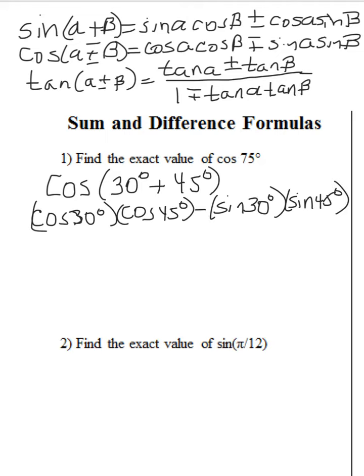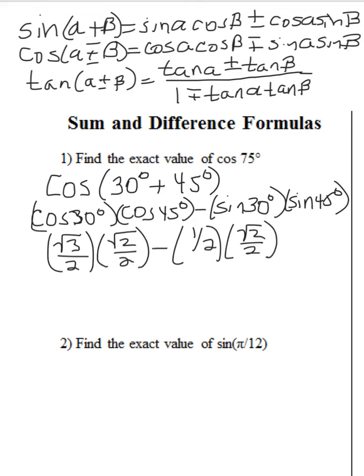We have cosine of 30 degrees times cosine of 45 degrees minus sine of 30 degrees times sine of 45 degrees. So what we're going to do now is look at our unit circle, find the side measurements that go with these angles, and put them down and multiply them together.